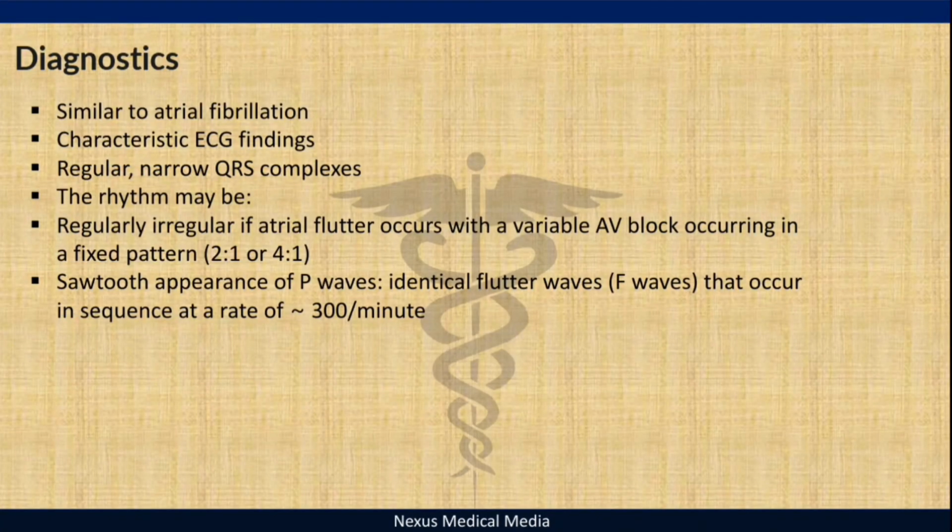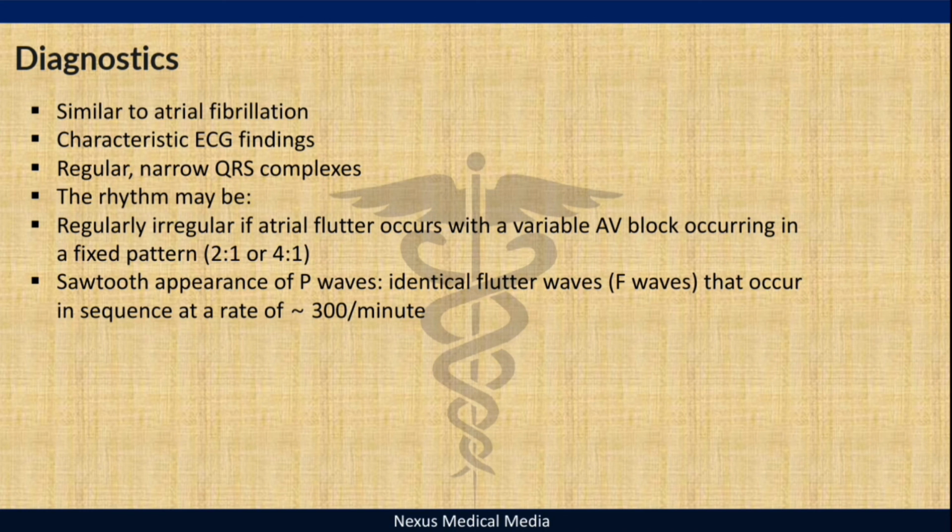Diagnosis is similar to atrial fibrillation, and the characteristic ECG finding is F waves, but these ones in capital letter, like a saw, right? On ECG, the rhythm is regular with narrow QRS complexes.